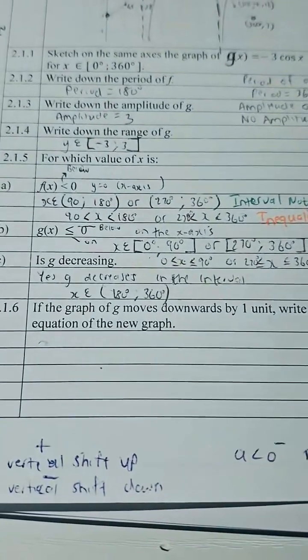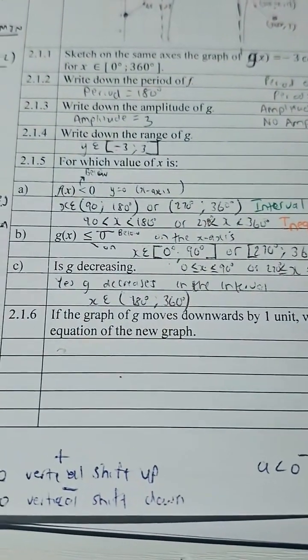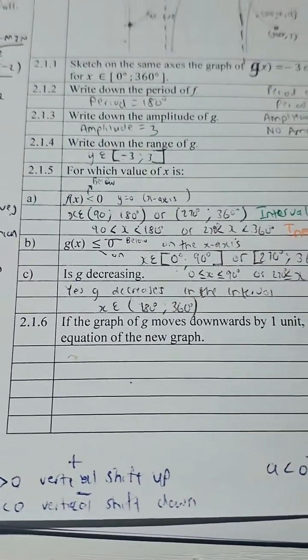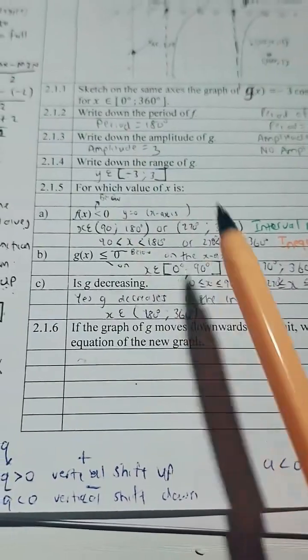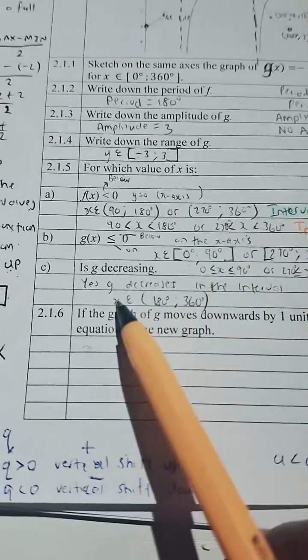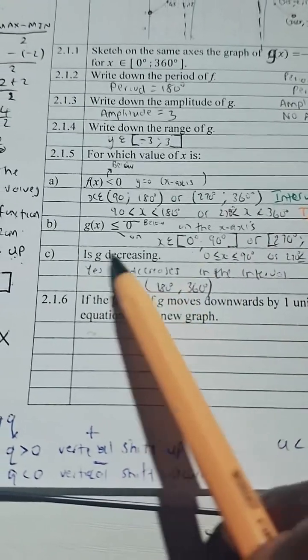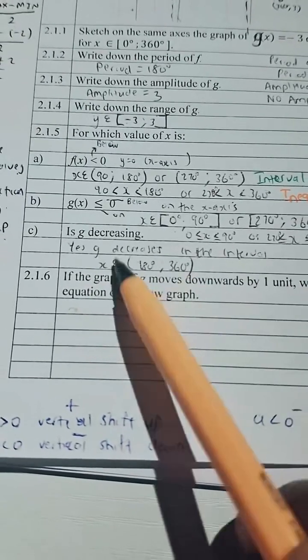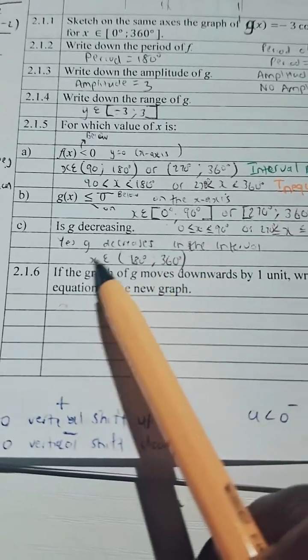And there we have it. Obviously, in the other interval, from 0 to 180, the function is increasing, but we wanted to underscore the decreasing part of the function. So yes, G decreases in the interval x is an element of 180 to 360.